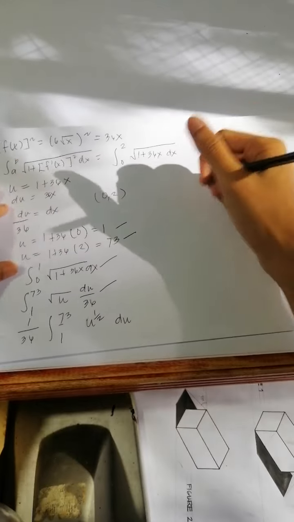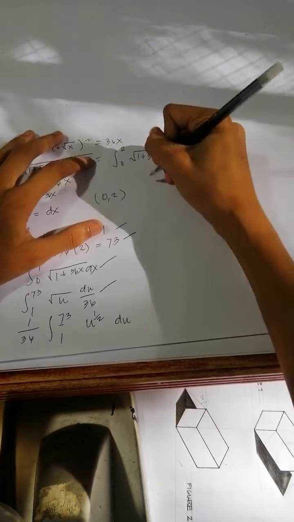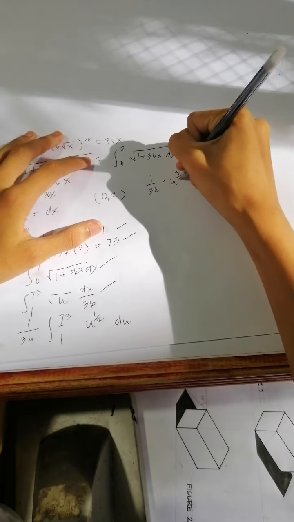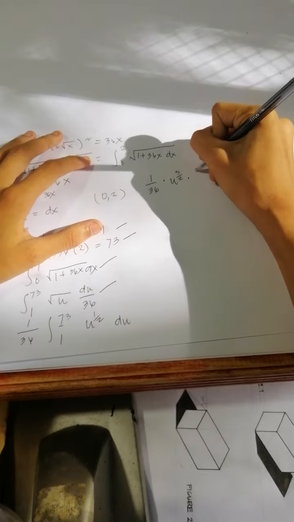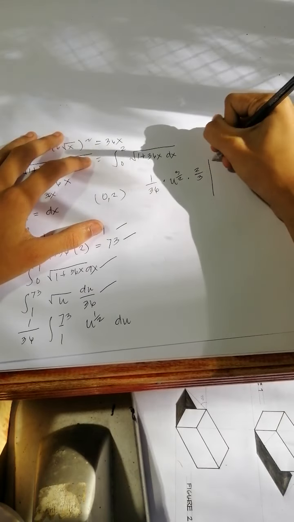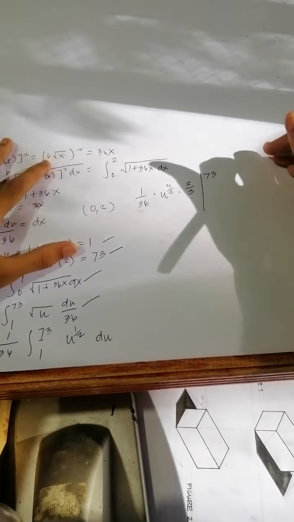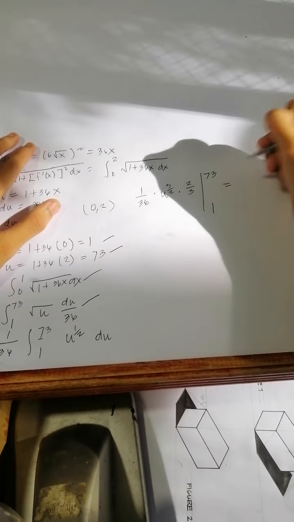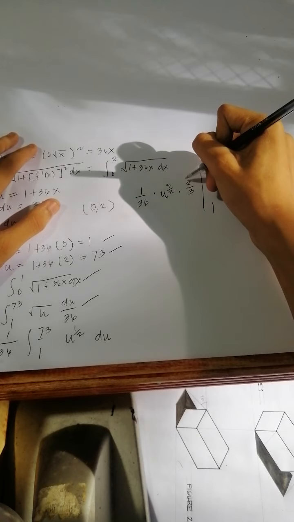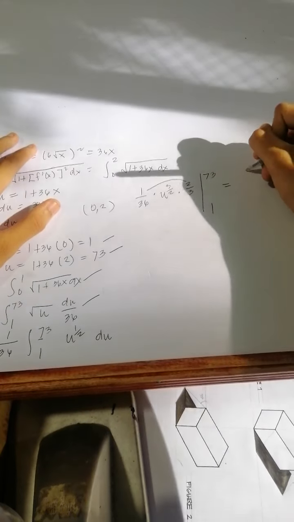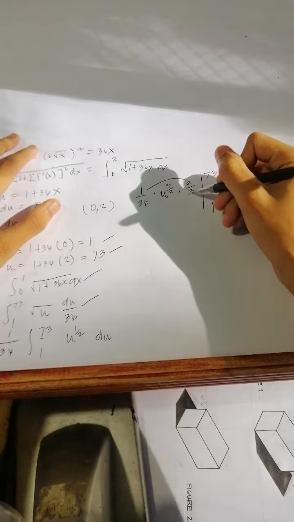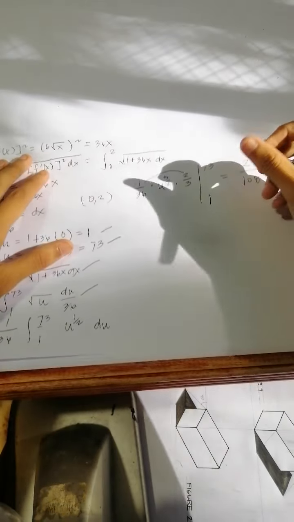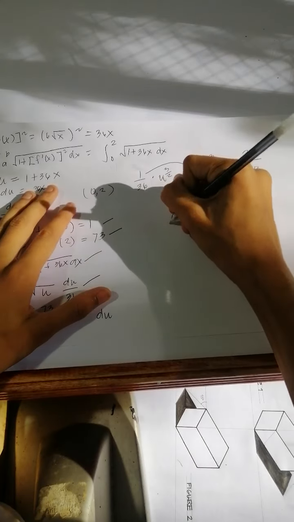Now let's integrate: 1 over 36 times u to the 3/2, multiplied by 2/3, evaluated from 1 to 73. Then multiply 2 by 1, so you will have 2 over 3 multiplied by 36, which is 108. So you will use that in solving this.